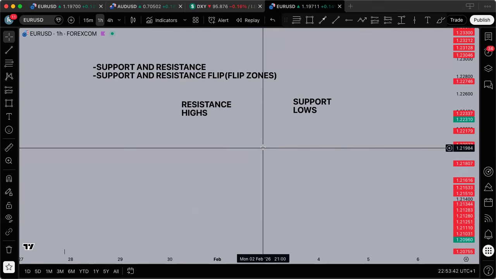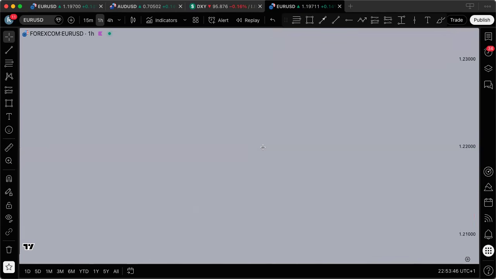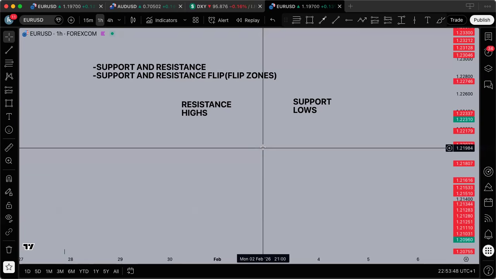It's just like something is holding something, more or less like a ceiling. Any highs you see on the chart are more or less a resistance, while any lows you see on the chart are more or less a support. You can also call it a floor. So it's actually very, very simple.